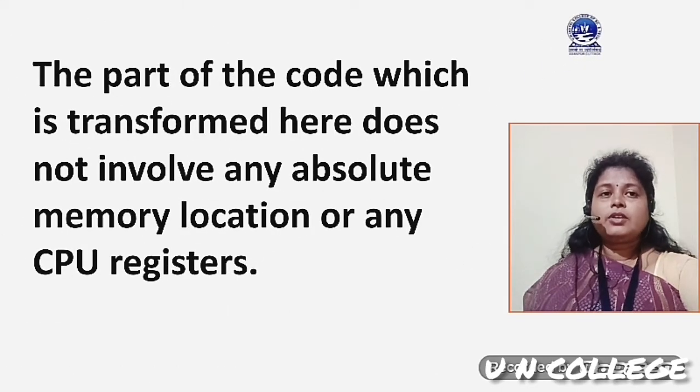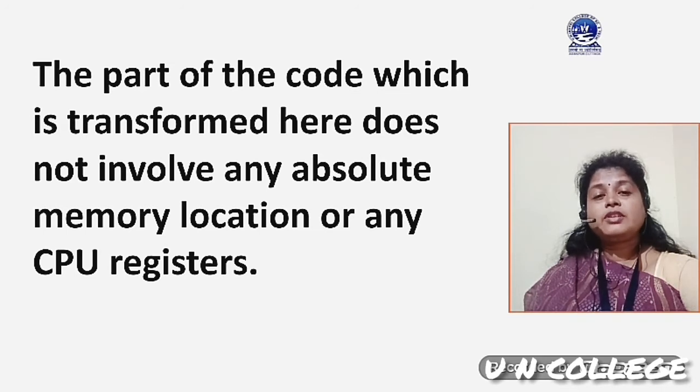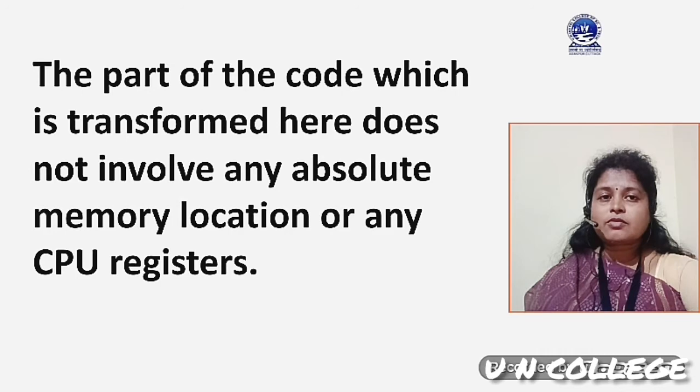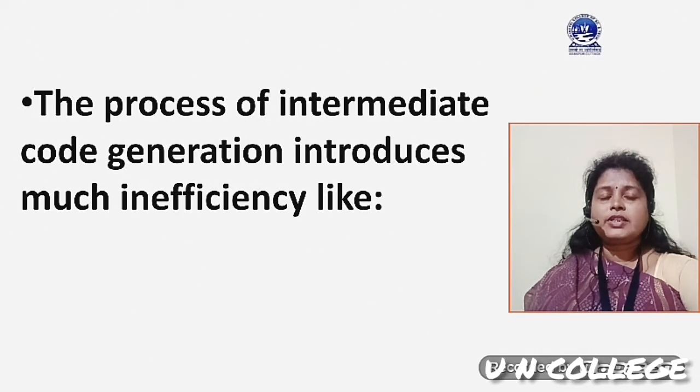The part of the code which is transformed here does not involve any absolute memory location or any CPU register. Obviously, it is not machine dependent and it is implemented before the generation of target code. That's why it does not involve any memory location or CPU register.